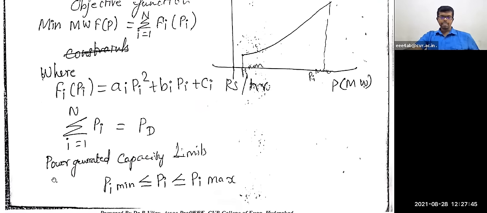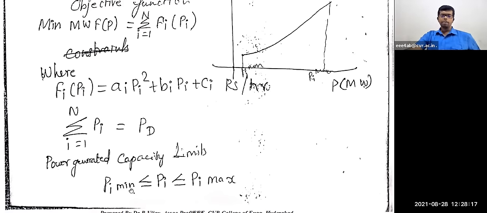Whatever the generation that is happening should be within the minimum and maximum operating limits, or otherwise lower and upper operating limits. That is also correct. Instead of minimum and maximum, you can also write lower and upper.